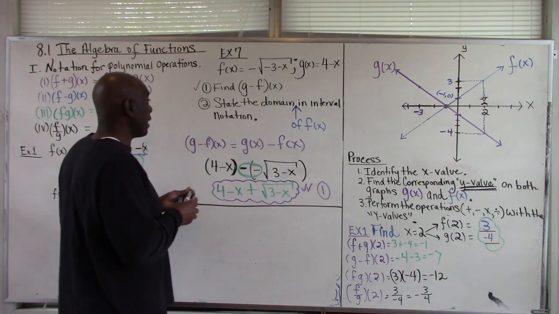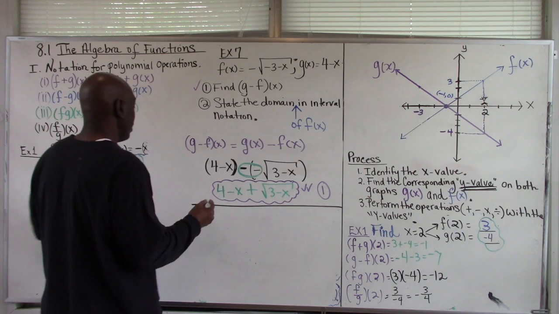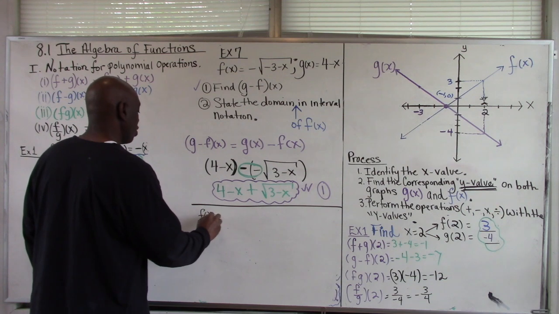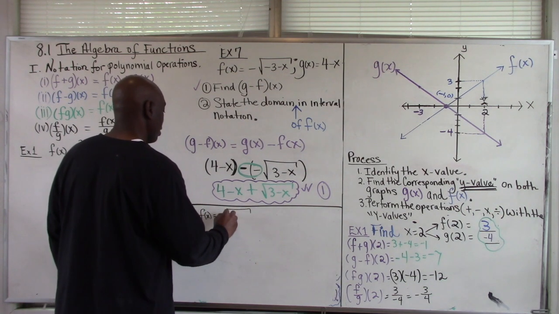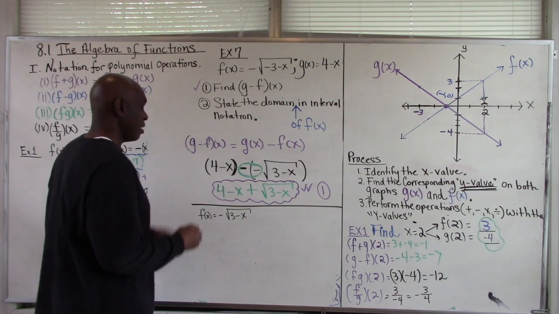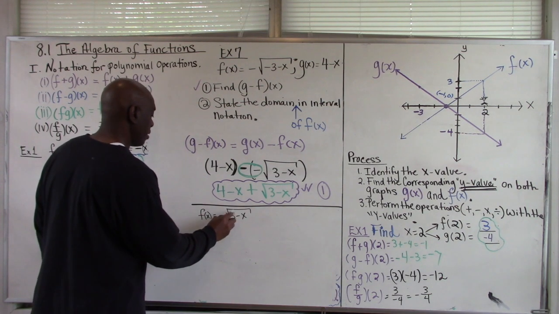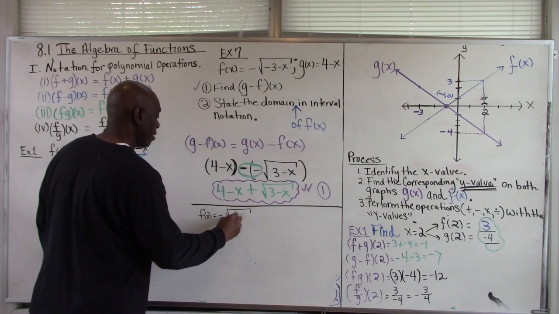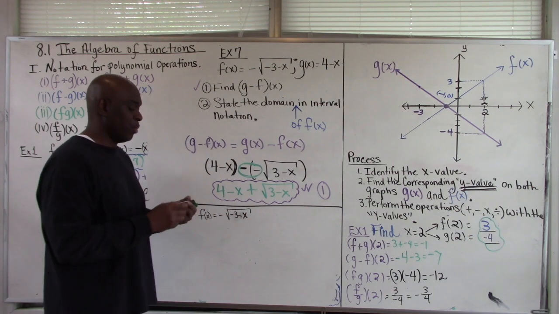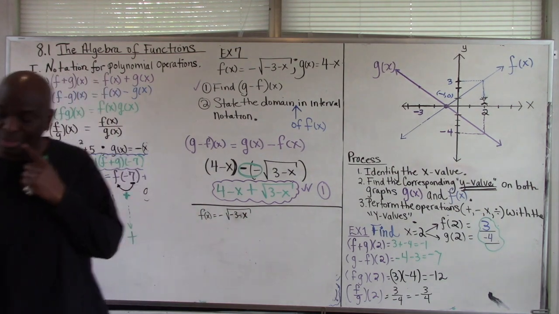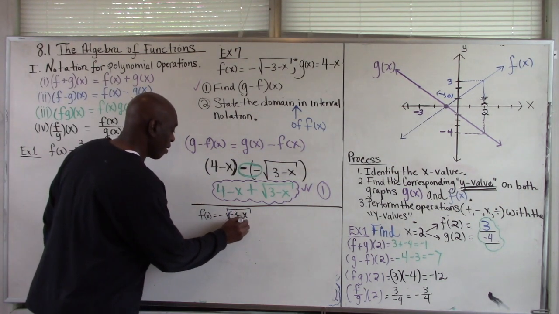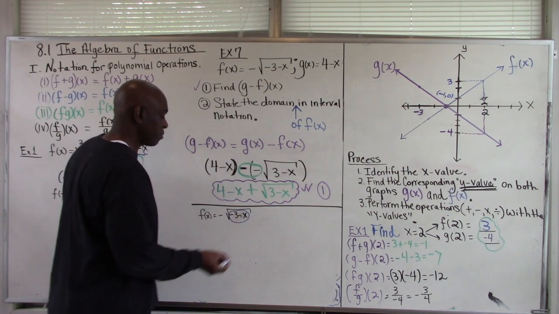So f of x equals negative square root of negative 3 minus x, pardon me, I forgot the negative. Then what we have to focus in on is the argument here, the part in the radical.